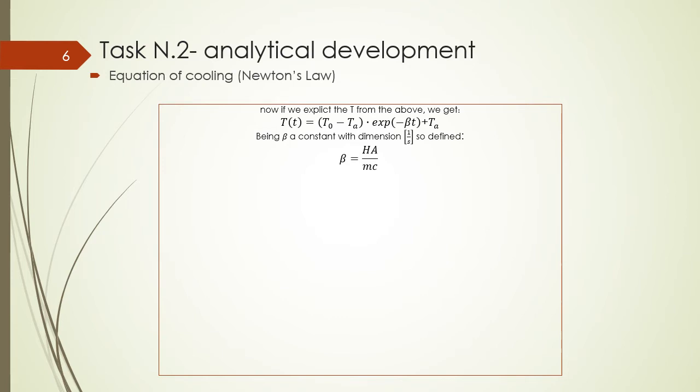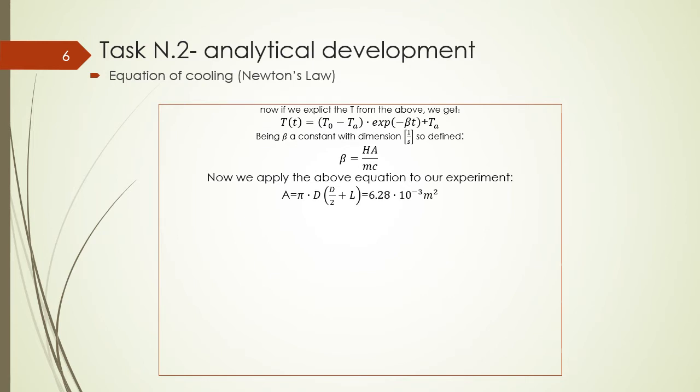Beta is a constant, as told, the ratio between the product HA and MC, and has the dimension of seconds to the minus 1.